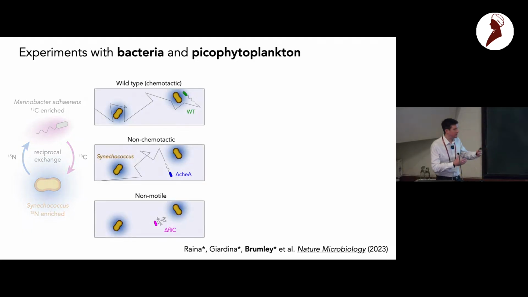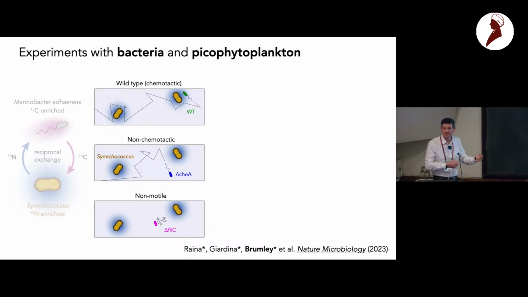After that, we took these cells, we grew them up, we washed them, and we put them together for 3 hours. Afterwards, we looked at how much of these isotopes were present in the other cells. The idea being that if there's any enrichment of N15 above natural abundance in the Marinobacter, it would have had to have found them from the Synechococcus.